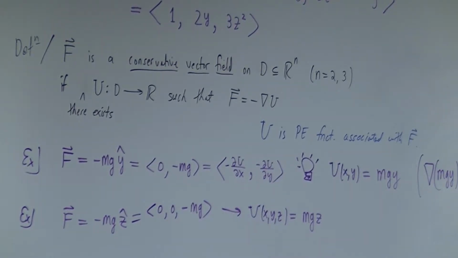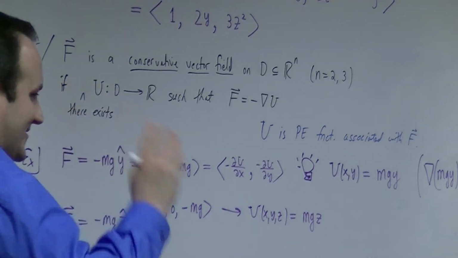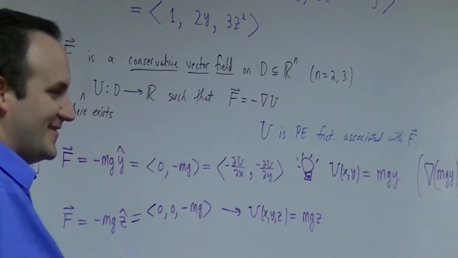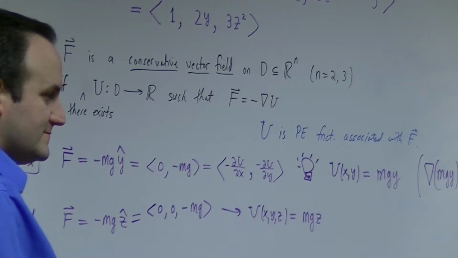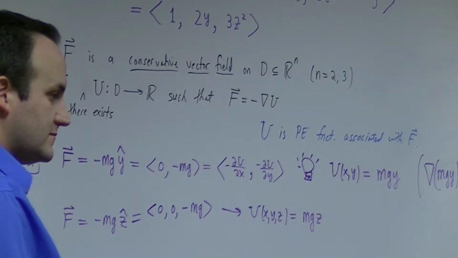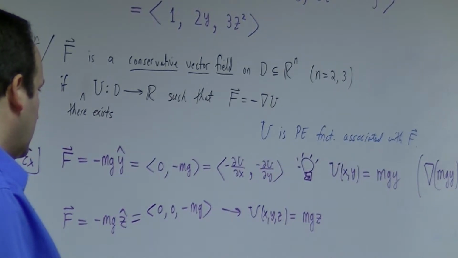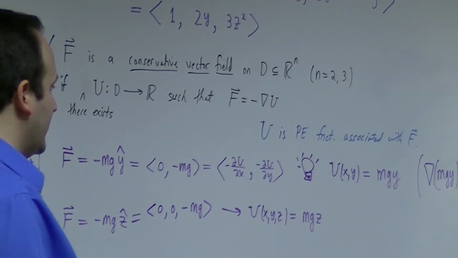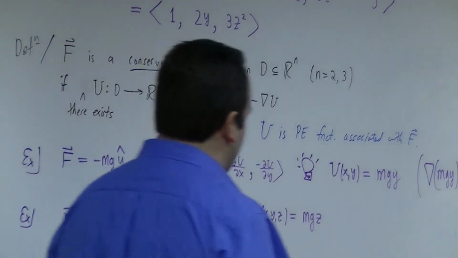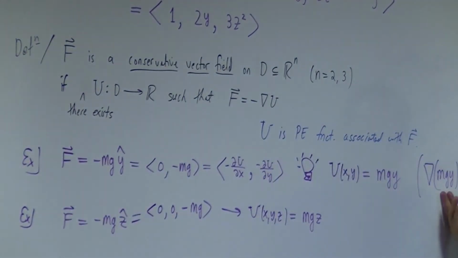Question: since we have a negative on this side, why is a negative not in the original one, like when we take a derivative? I mean, you can put the minus on whatever you want. I was just calculating the gradient of this expression, right? But that's not U. The gradient of minus mgy, that's my U, right?